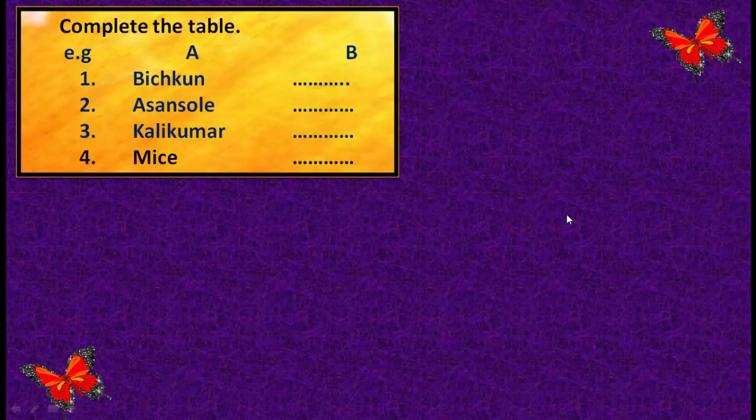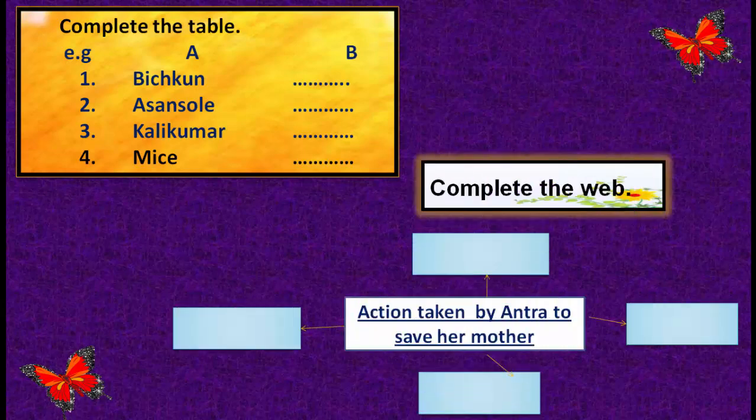Like this, the question will be asked in a table form. Okay, if it is asked complete the web, my dear friends, remember one thing here. If you are writing the answer of completing the web or completing something else, you do not need to draw the web.